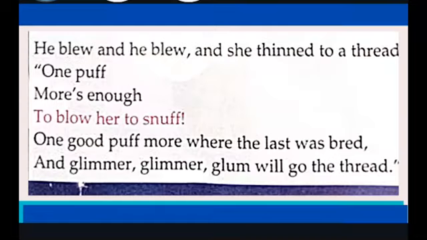He blew, and she thinned to a thread. One puff more's enough to blow her to snuff. One good puff more where the last was bred, and glimmer, glimmer, glum will go the thread. Written by George Macdonald.